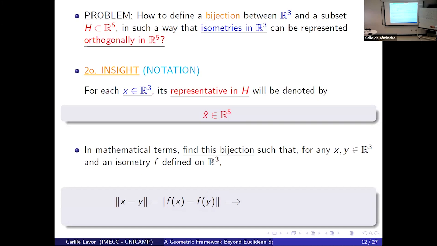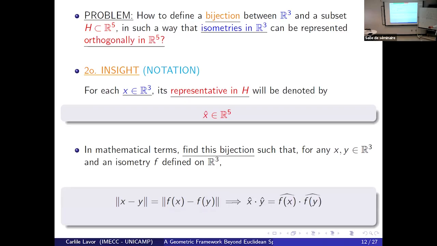Answering this question is the same as finding this bijection in such a way that when we have an isometry represented by F in R3, the points that represent the 3D space will be transformed in an orthogonal way. This is just the definition of an orthogonal transformation using an inner product. This is the mathematical representation of this question. So our problem is how to find that bijection in order to solve this implication.